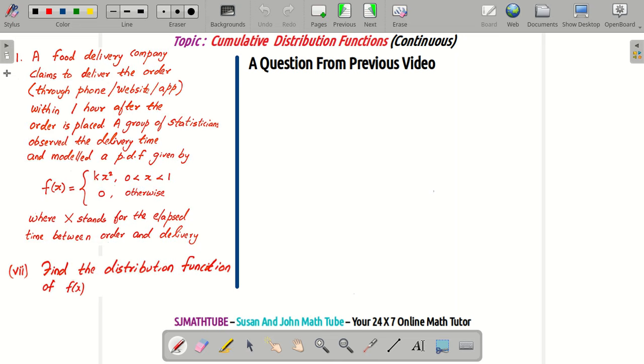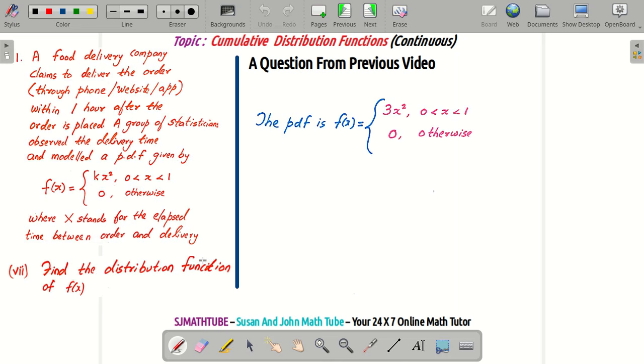This is the same question which we discussed in the last video, but the last part was not that clear, so let's make it very clear. We found in the last video that the value of k is actually 3. We even went through the graphs. In this video let's discuss its distribution function.